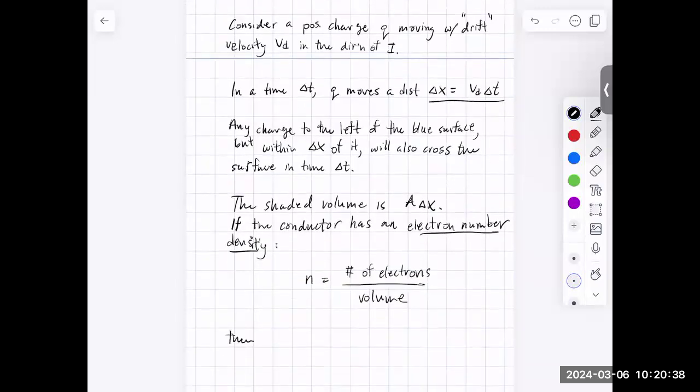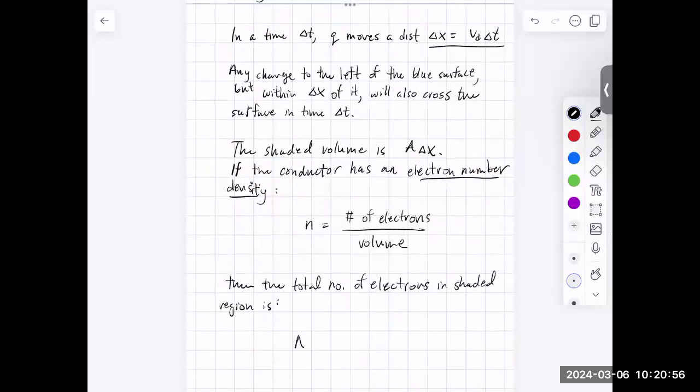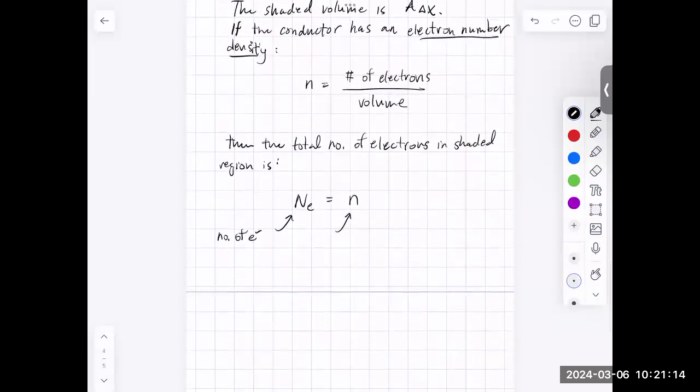If that's the case, then the total number of electrons in our shaded region, I'll use big N with a subscript e, is given by the number of electrons per unit volume times A delta X. And this is the shaded volume.